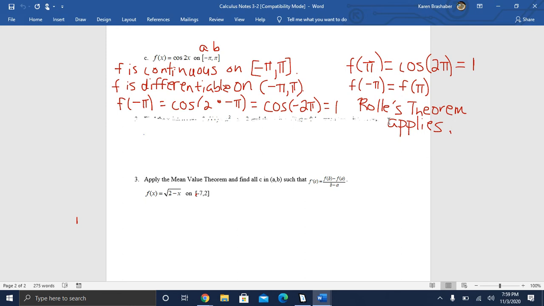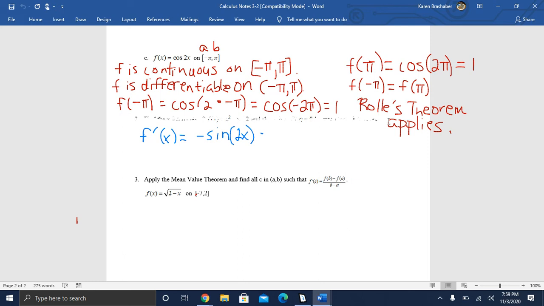So to do the rest of part C, now that I know that Rolle's theorem does apply, I am now guaranteed that there is a place where f prime is going to be equal to 0. So now I need to find f prime of x. So f prime of x, I have cosine of 2x. So the derivative of cosine is negative sine of, and I keep my angle, 2x.